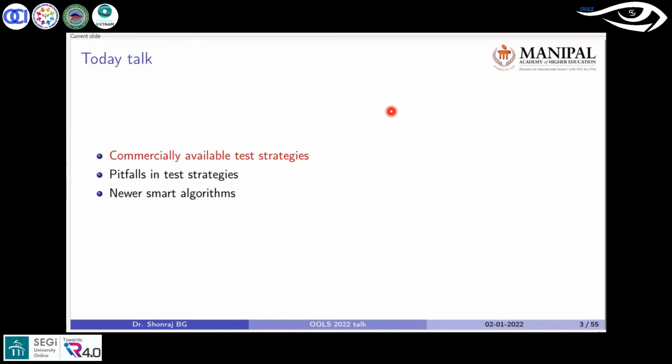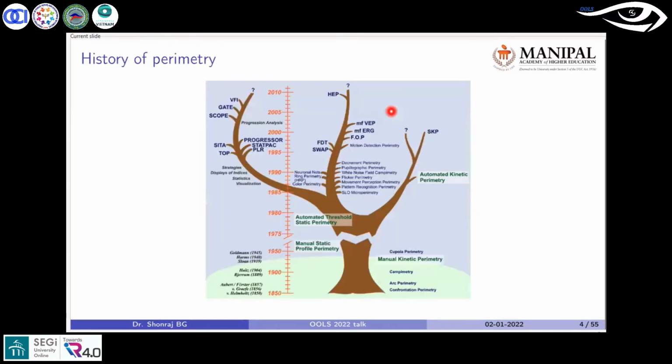Okay, so let's first talk about the commercially available test algorithms. Before I go into that, let's look at the history of perimetry. Perimetry, as you know, started way back with Helmholtz, in 1850, where they started with the simple confrontation technique and then simple arc perimetry.